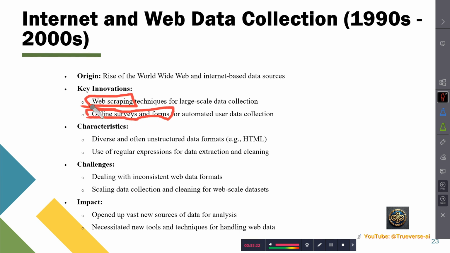This era also introduced unstructured data formats like HTML, which posed challenges for data extraction and cleaning. Developers started using tools like regular expressions to clean and process this data for analysis.